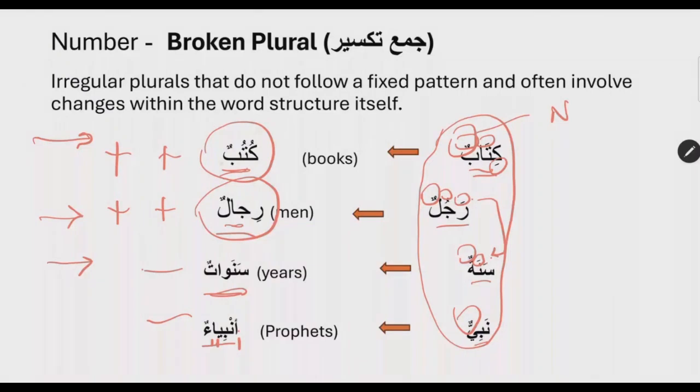So in Arabic and English, these are common things, and for foreigners to a language, unfortunately, we just have to learn it the way it is, which is kitab is kutub and not something else, or rajulun is rijal and not something else. So it's something you just have to learn. With the singular, you have to learn the plural so that when you have to use it, you're using the right form of that particular word.